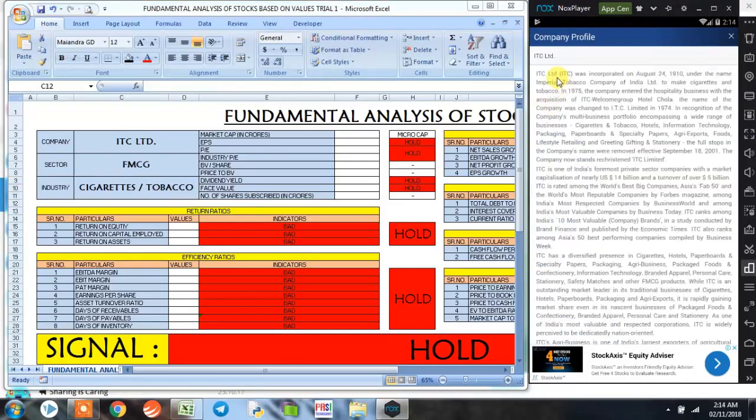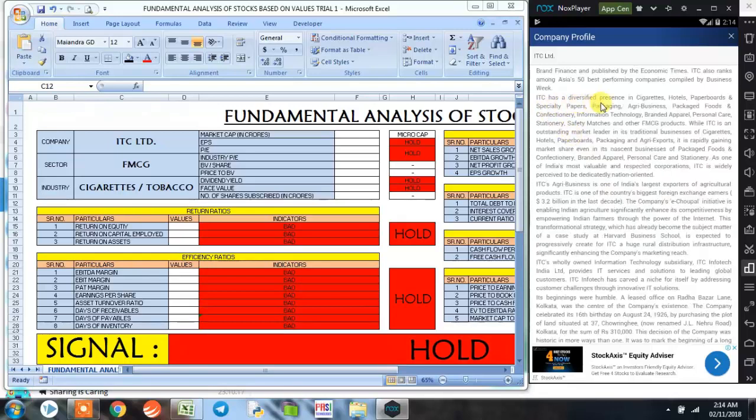We could see here that ITC Limited was incorporated on August 24, 1910 under the name Imperial Tobacco Company of India Limited to make cigarettes and tobacco. ITC is one of India's foremost private sector companies with a market cap of nearly 1.4 billion US dollars and a turnover of over 5 billion US dollars.